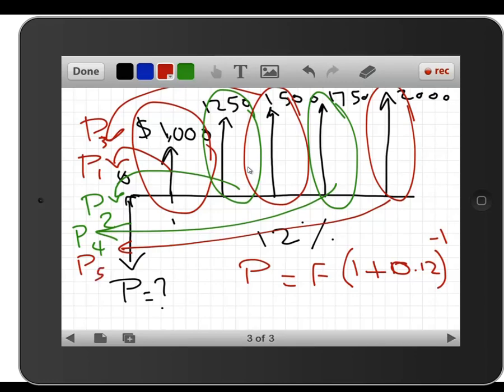The total P will be equal to P1 plus P2 plus P3 plus P4 plus P5. All we did was bring the future value of each one of these to the present. So I dealt with each one of them individually. This is one of the methods to find present worth in this case.